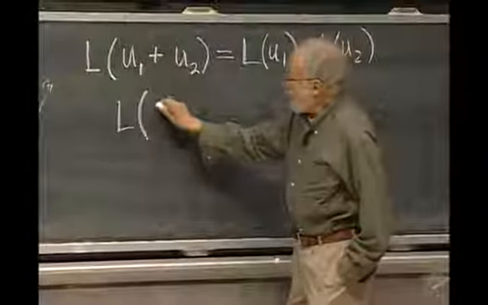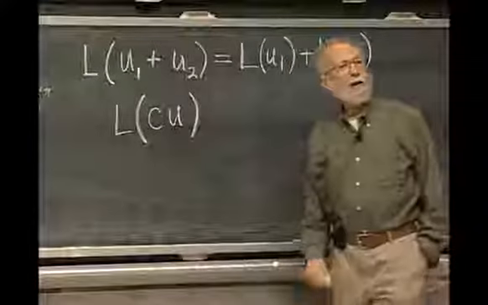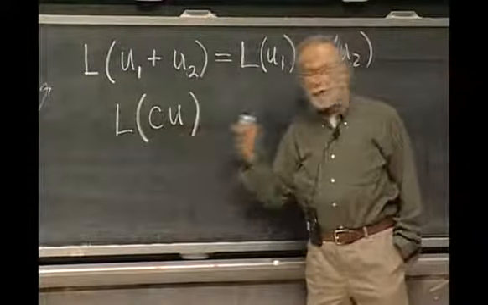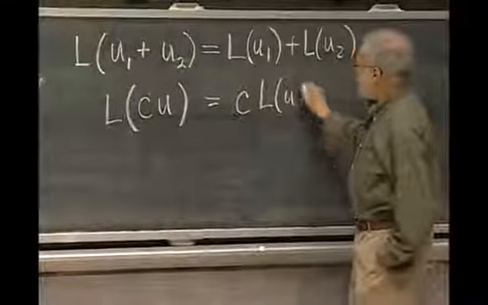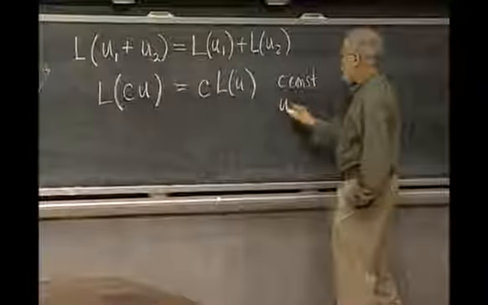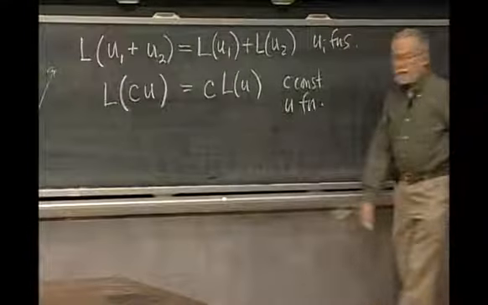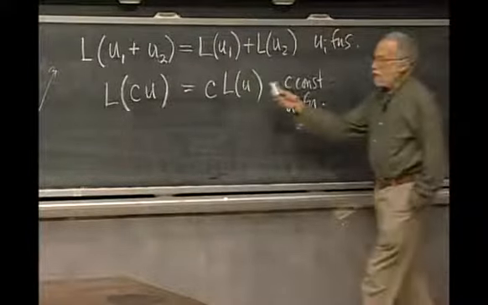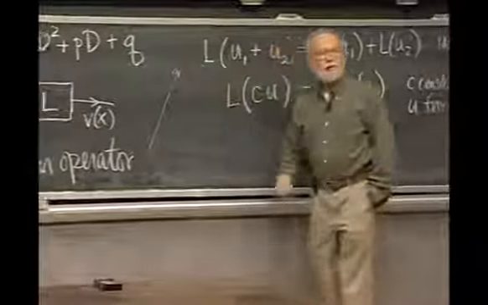L of a constant times any function, I don't have to give it a number now because I'm only using one of them, should be equal to C times L of U. So here C is a constant, and here, of course, U is a function of x. These are the two laws of linearity. An operator is linear if it satisfies these two laws.